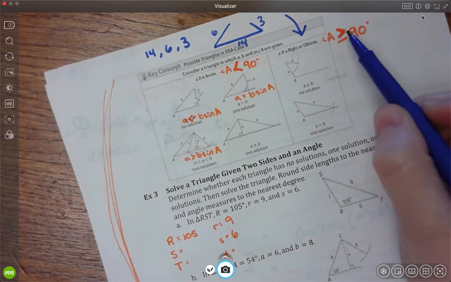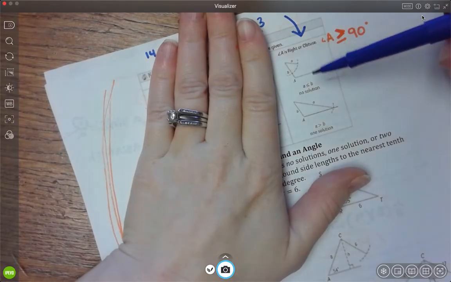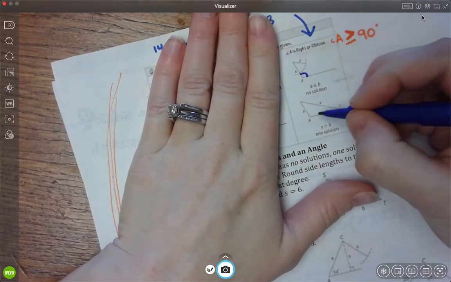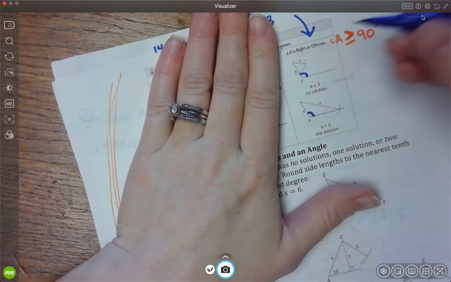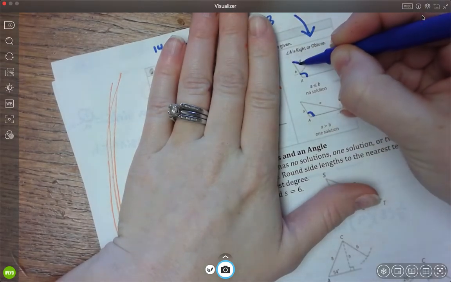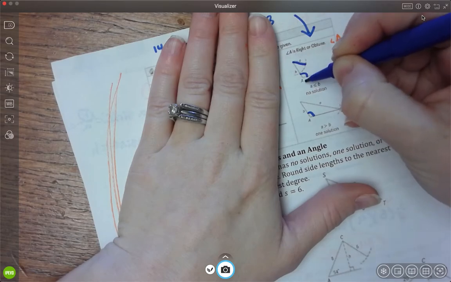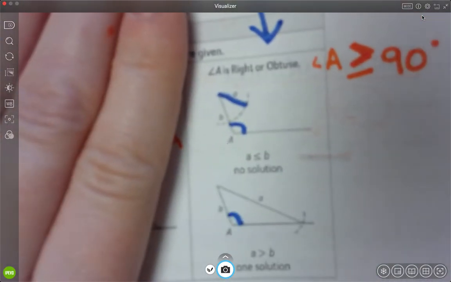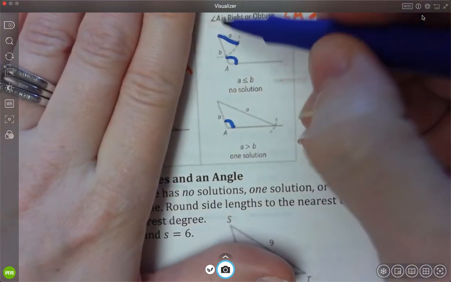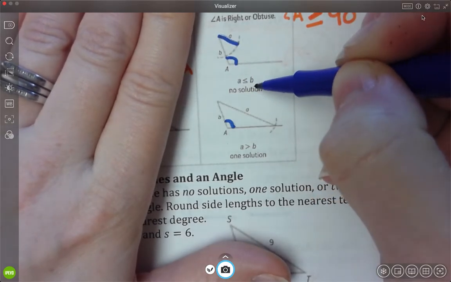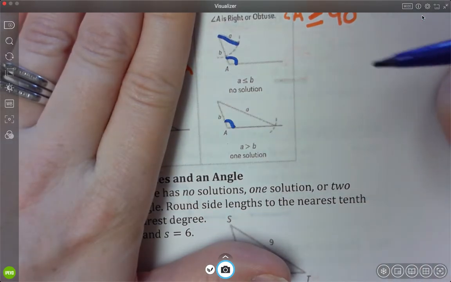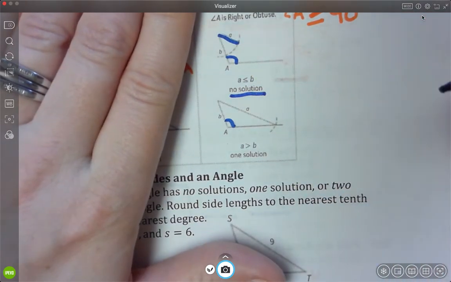If your angle is greater than 90 degrees, you just look at two scenarios. The side opposite that angle, if you call your angle A, is side A. If side A is smaller than side B, it's not going to be long enough to touch down on the opposite side, so you end up with no solutions because the triangle won't come together.